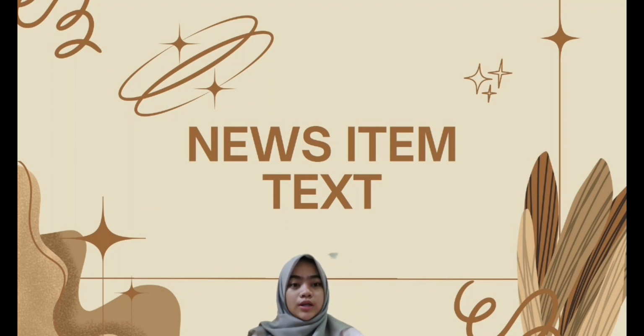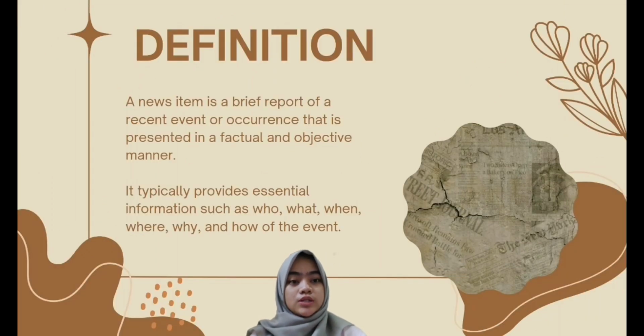So let's discuss the first material, which is about the news item. The definition of a news item is a brief report of a recent event or occurrence that is presented in a factual and objective manner.